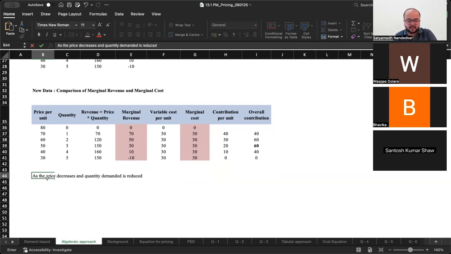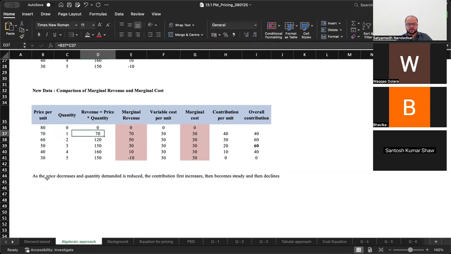As the price decreases and quantity demanded is increased, the contribution first increases, then becomes steady, and then declines. ठीक है?